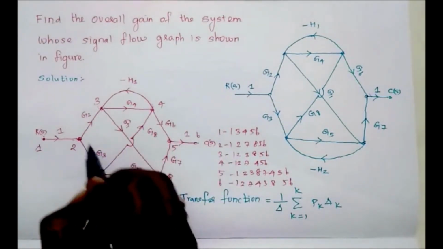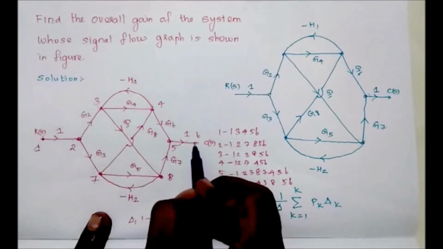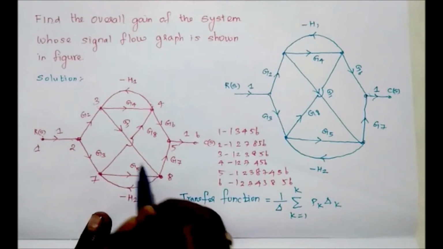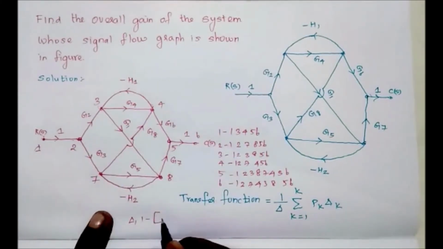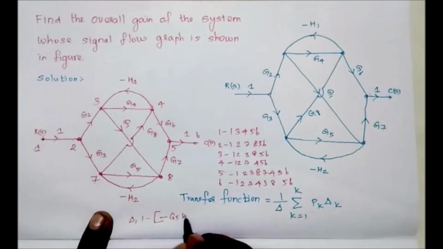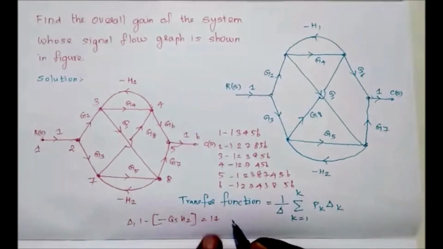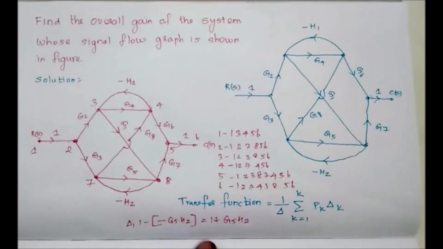Therefore, apart from nodes 1 2 3 4 5 6, the remaining nodes are 7 and 8. Therefore the part not touching the first forward path is this one. Therefore 1 minus its gain equal to G5 into H2, so it is equal to 1 plus G5 H2. Next, del 2.